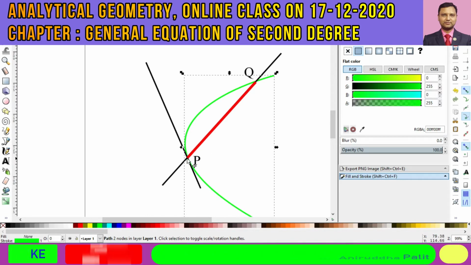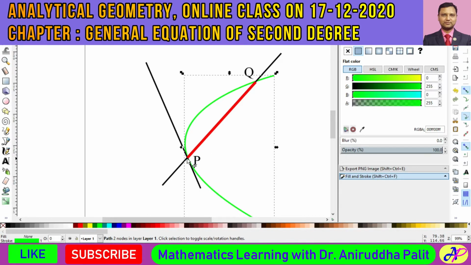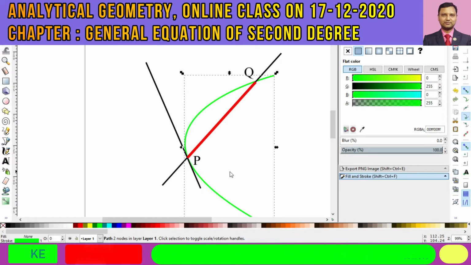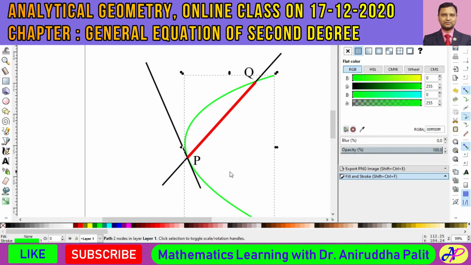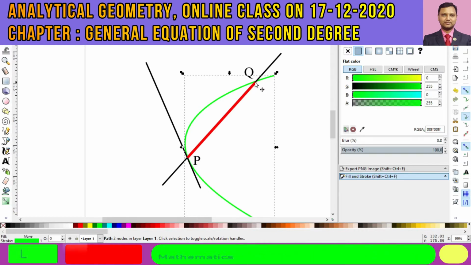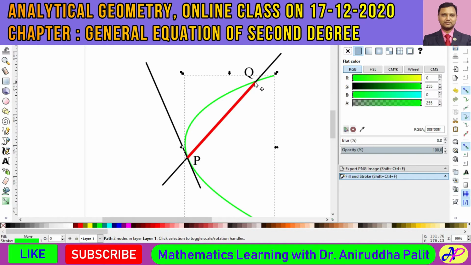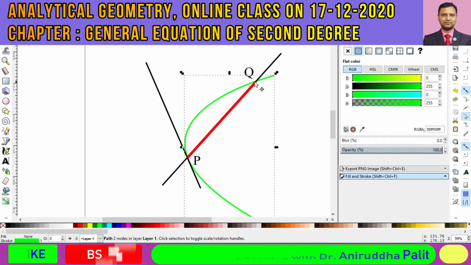Through this point P, we draw any arbitrary straight line, and that straight line would at most cut the curve represented by a second degree equation in 2 points. So one is the point P, of course, and another is the point Q. The question is, is there any third point of intersection?